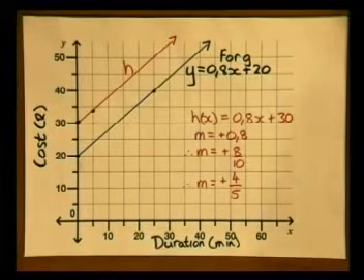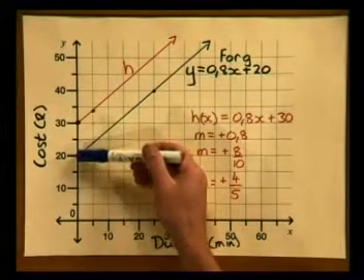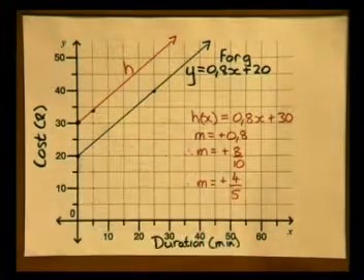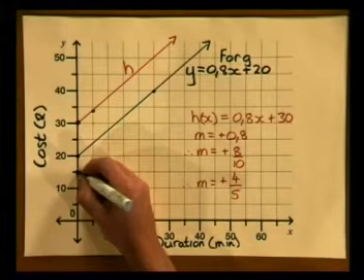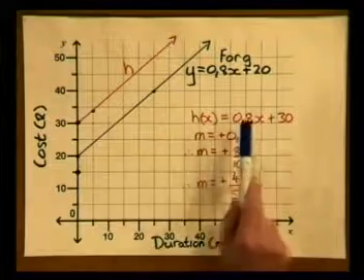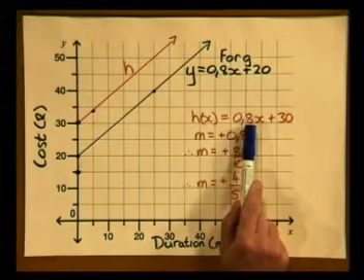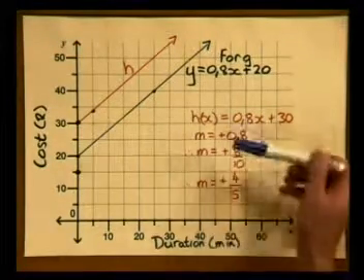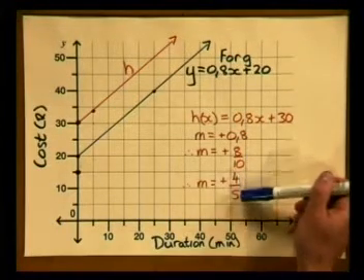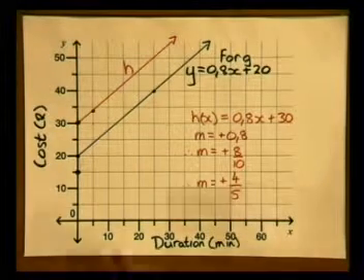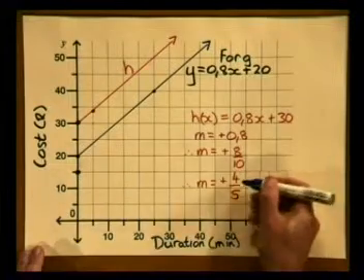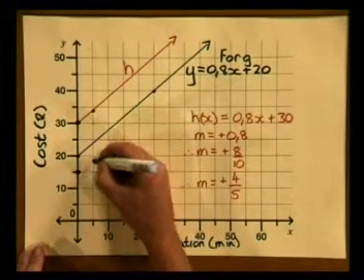Well, let's check. Instead of cutting the y-axis at 20, we're going to move 5 units down so that the graph cuts the y-axis at 15. So this is the first point. It is the point 0, 15. But we also know that this graph has the same gradient or rate of change of 0,8. And as we've already calculated, 0,8 is equivalent to 4 divided by 5, which means that we need to move 5 units across in the x direction and then 4 units up in the y direction.